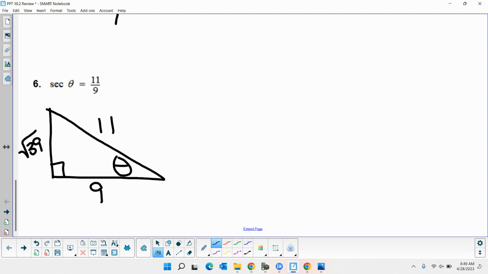And then you take the square root. It won't simplify. So again, cosine is the reciprocal of that. Sine is radical 39 over 11. Cosecant is 11 times the square root of 39 over 39. Tangent is the square root of 39 over 9. Cotangent is 9 times the square root of 39 over 9.